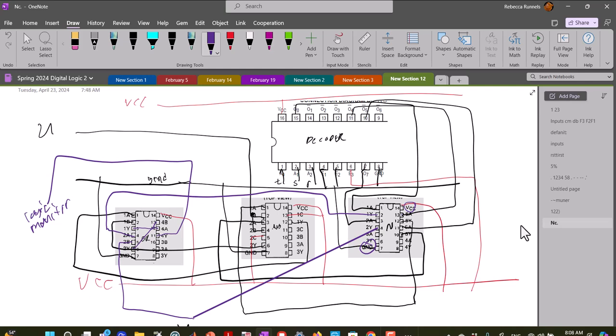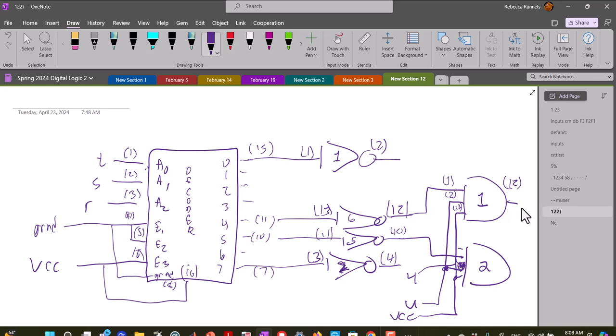And this will be pin 3. So pin 3 is the output from the NOT gate.